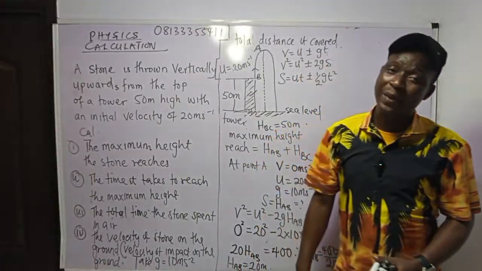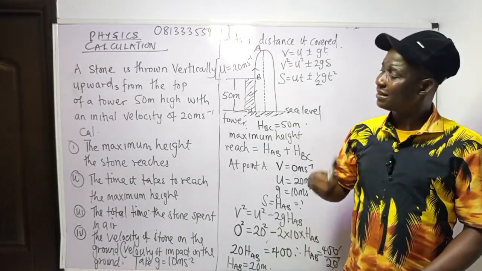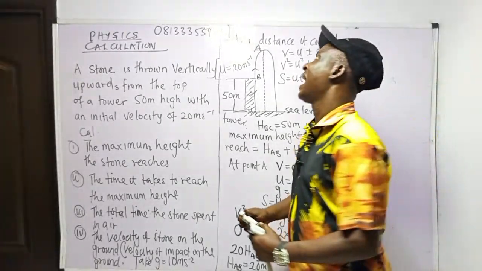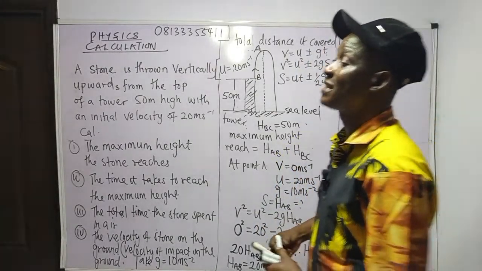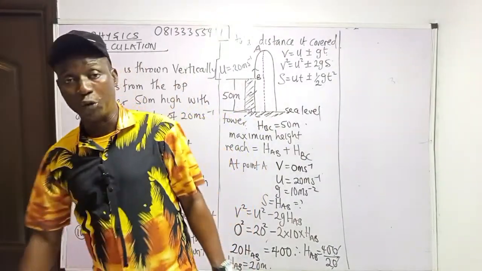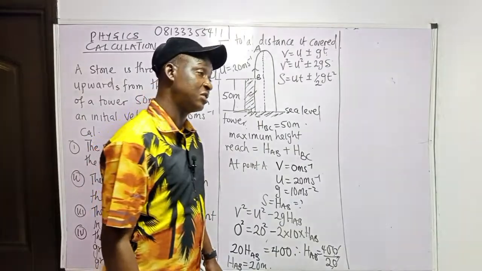One thing you must understand: when you prepare for an exam, you find it easy. But when you don't prepare, that is when somebody will enter the exam and start crying. And that's why we try to see how we can help you to achieve your aim. Because by this time tomorrow, the day after tomorrow, some people will have written their exam this week in Nigeria.